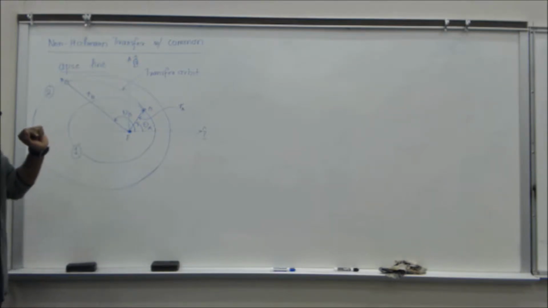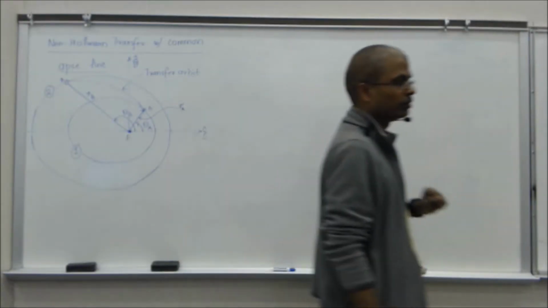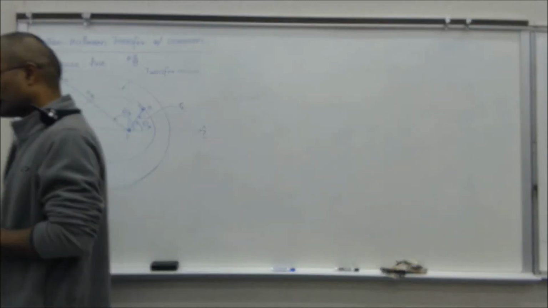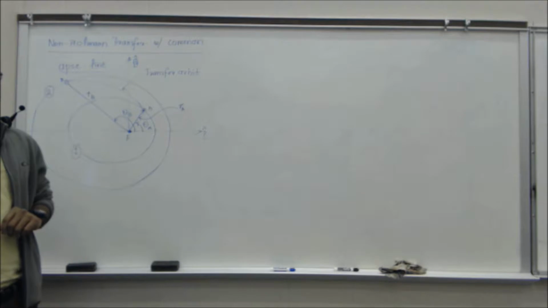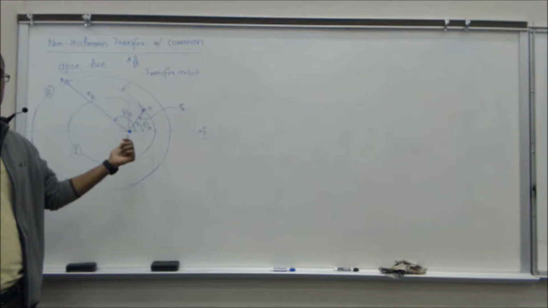So how do you define a Hohmann transfer? A Hohmann transfer is the most efficient transfer between two coplanar orbits. This is still a coplanar orbit, but it may not be the most efficient.